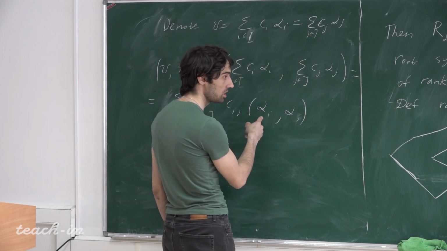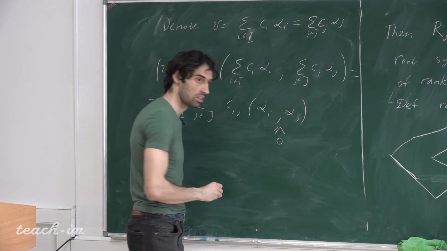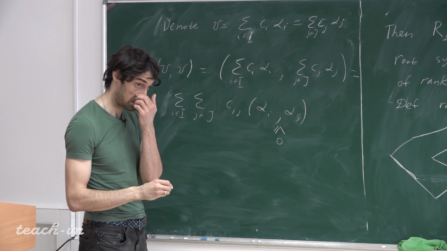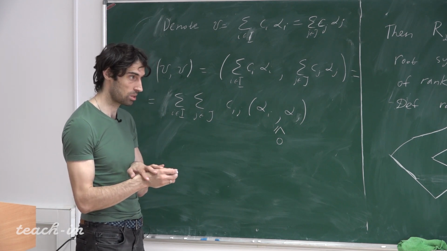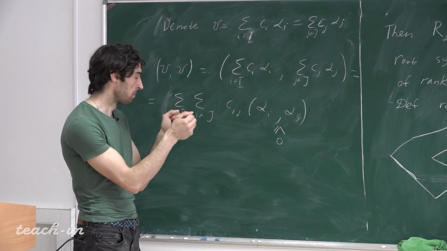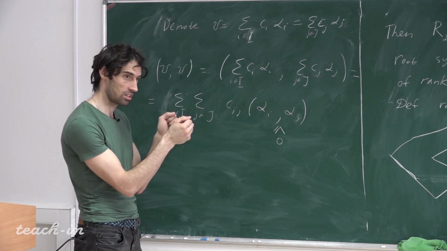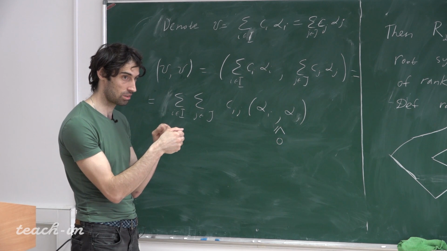Because of our observation, all these inner products of αi with αj are less than or equal to 0. We discussed that if I have two distinct simple roots, then the scalar product will be less than or equal to 0. That was our claim.